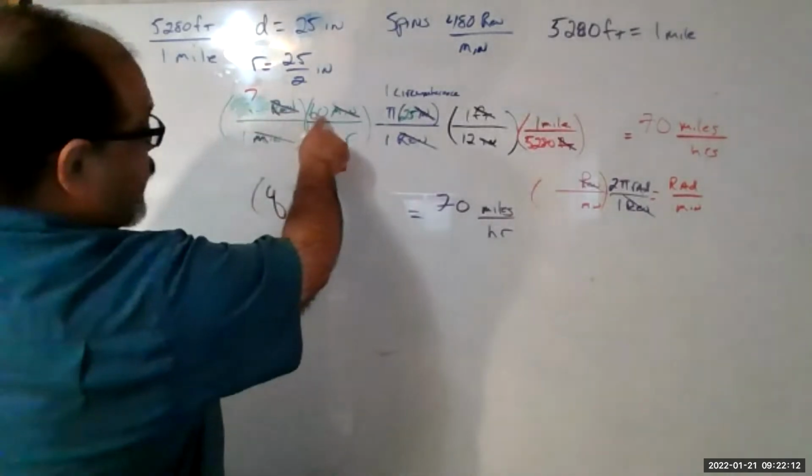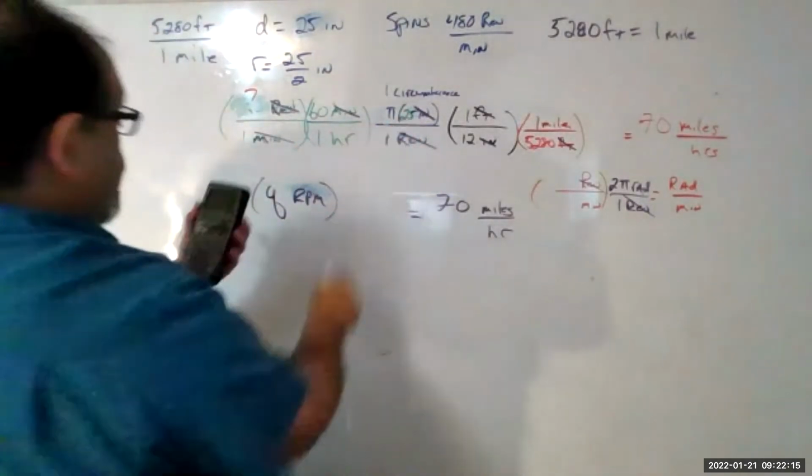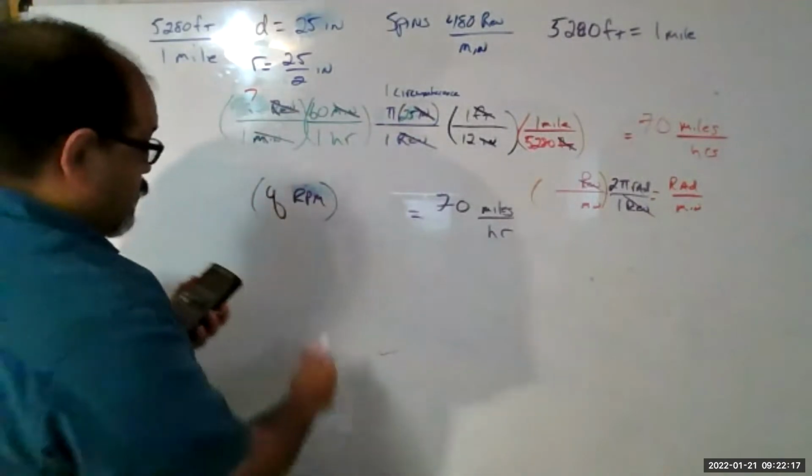Without that 480, 60 times 25 is just 1,500.